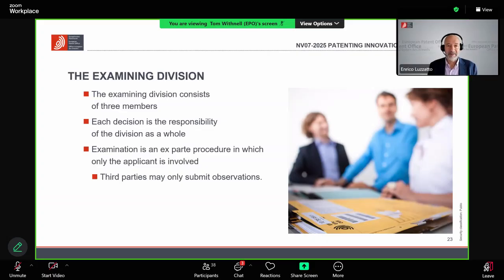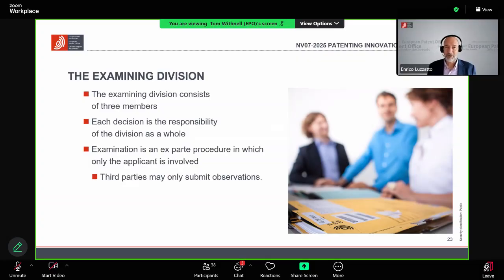And we call this examination an ex parte procedure, which means only the applicant is involved in the office. As I said, third parties may submit observations, but they are not party to the proceedings.